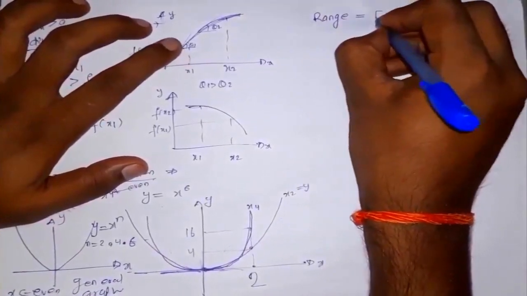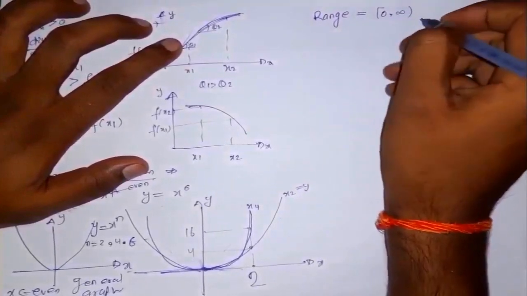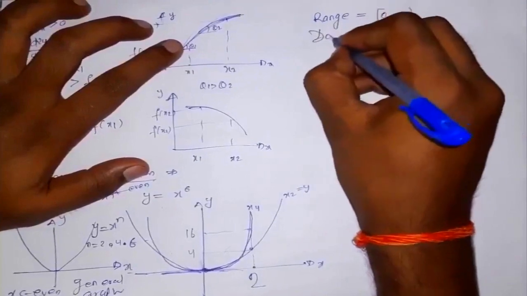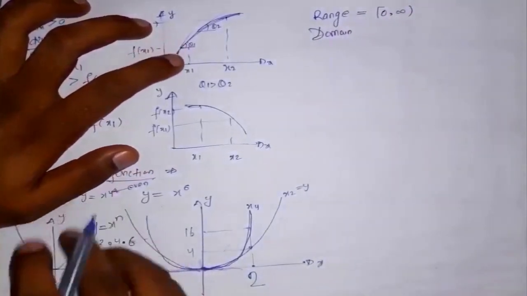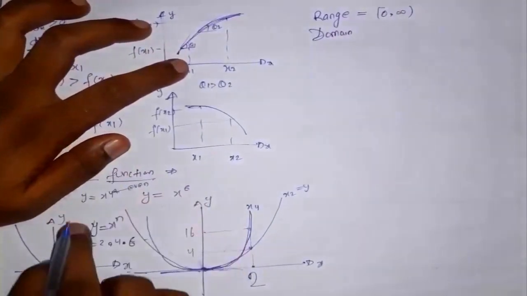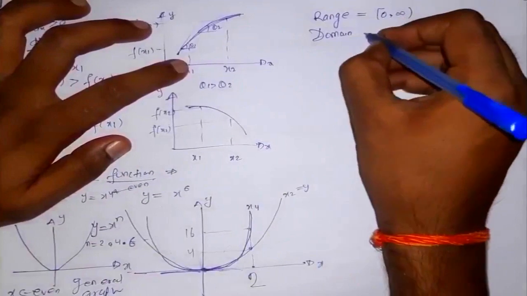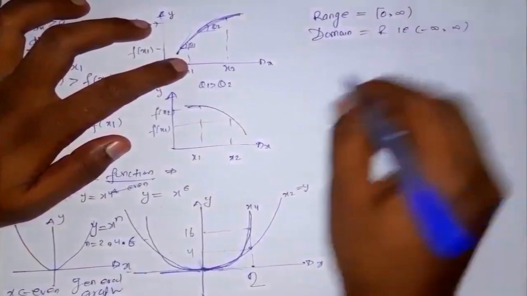Range will be 0 to infinity. The values of y will lie from 0 to infinity, 0 will be included, and the domain will be real, that is minus infinite to plus infinite.